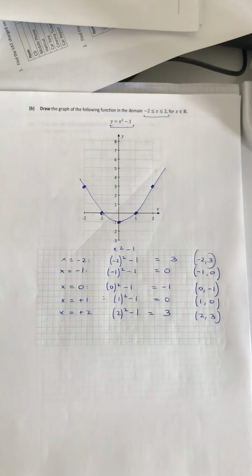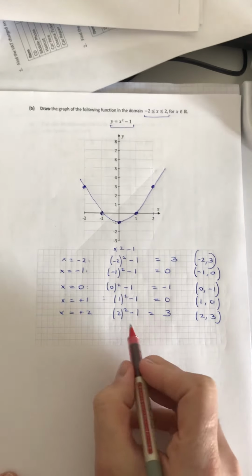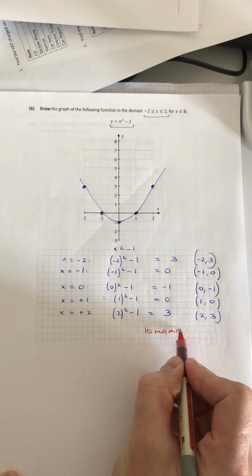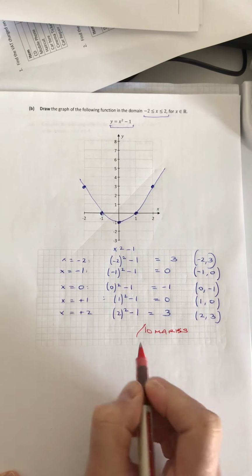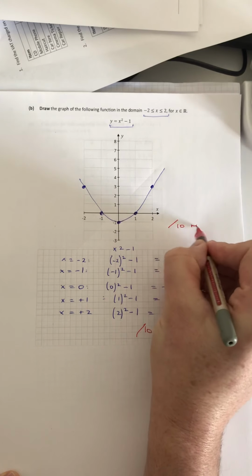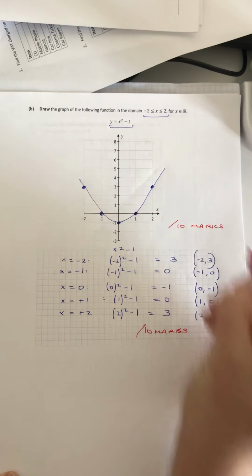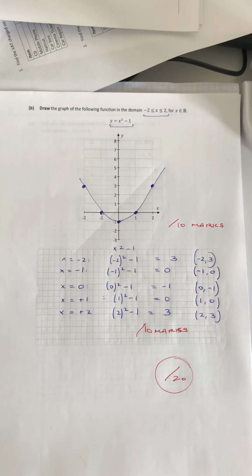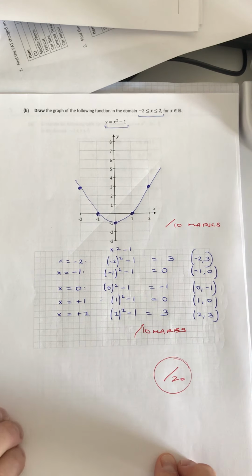Okay, and again, you'll get your 10 marks here. So it's out of 10, and 10 marks for your graph when you're finished. So again, the total here would be out of 20. So that's part B for you.